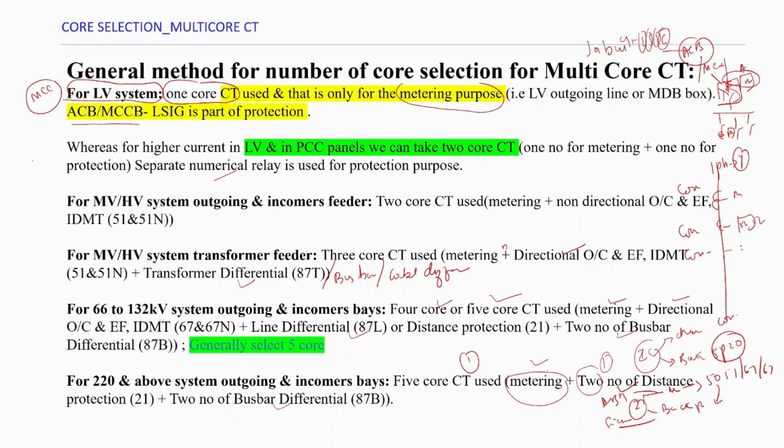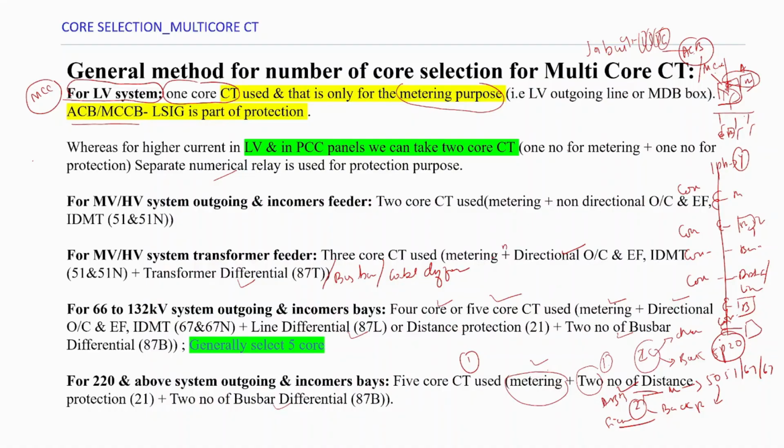Core 3, backup, same protection. Then core 4, basically I have distance, or even line differential protection. Then core 5, I have bus bar differential check and the main. So differential protection will be there. Then if we have a transformer differential, one more core also will be there.